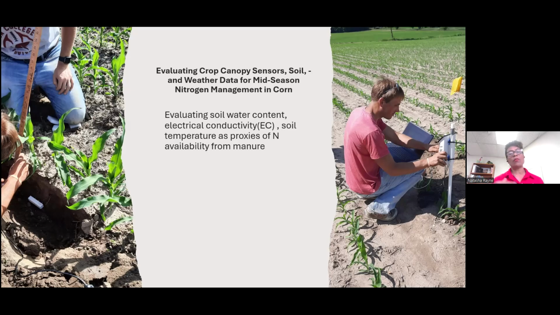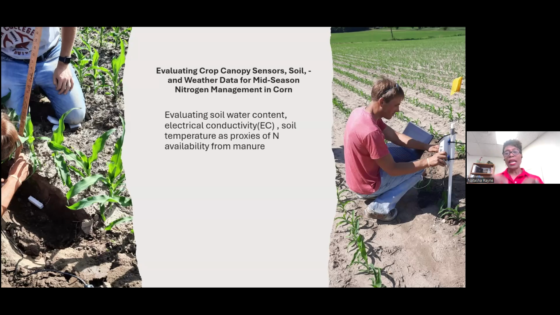We did this in collaboration with a farmer that is part of the NOPP, Nitrogen Optimization Pilot Program. And what we did there is basically looked at a couple of variables. We looked at electrical conductivity, water content, soil temperature, and the objective is to look at proxies, right? That we may use to estimate nitrogen availability.